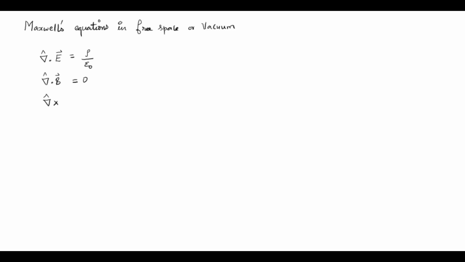Del cross E vector is equal to minus partial derivative of B with respect to t. Del cross B vector is equal to mu naught J vector plus mu naught epsilon 0 partial E vector with respect to time.